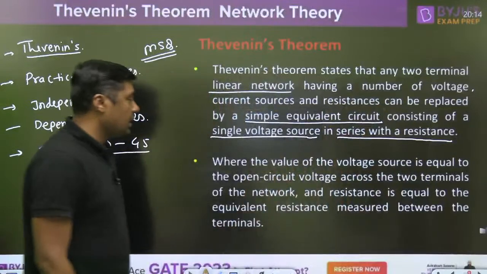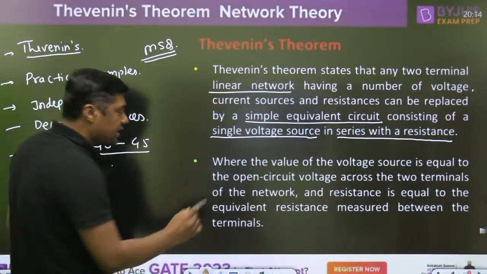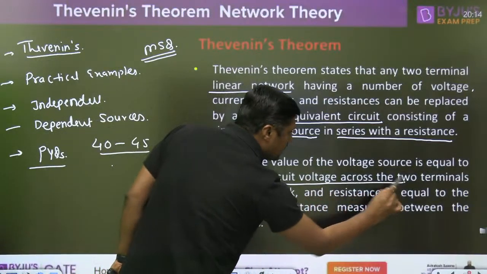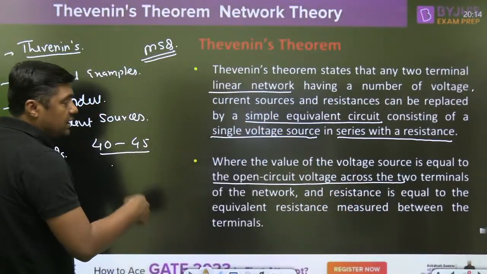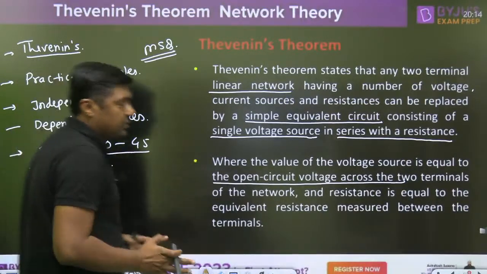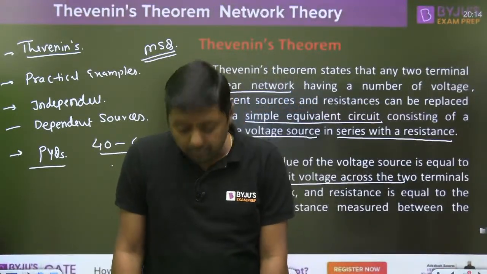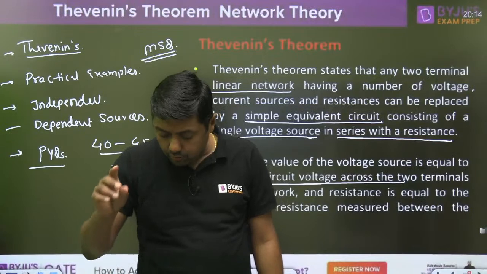Already I have given you the diagram, where the value of the voltage source is equal to the open circuit voltage, that is VOC, and the resistance is equal to the equivalent resistance measured between the terminals. I think now you are ready to solve some questions.